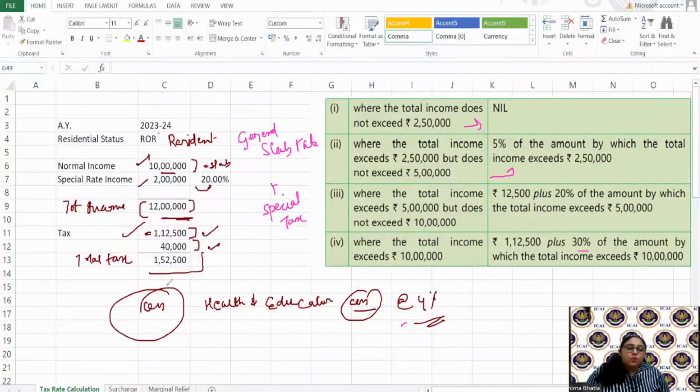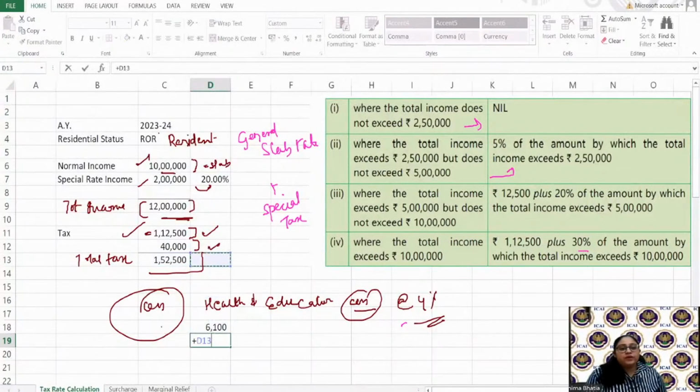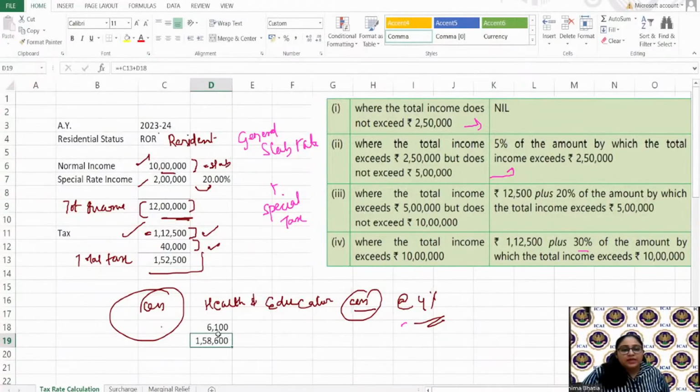So in this case, 1,52,500 is my tax. On this, 4% cess will be applied. So 1,52,500 plus 4%, which is 6,100, so my total tax amount would be 1,58,600.